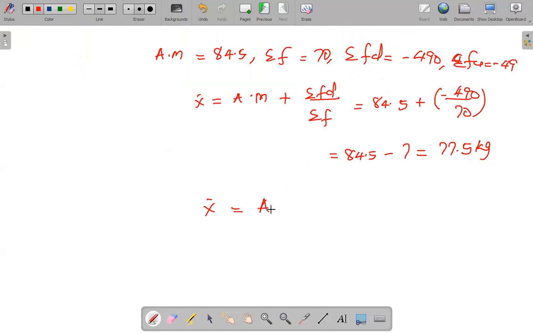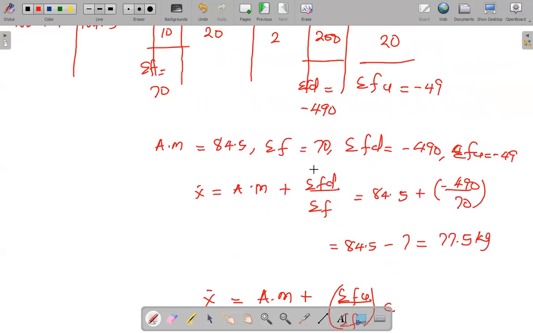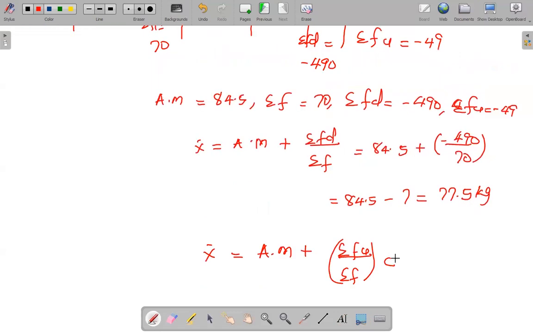Another way we can solve this is to use the class width and the coded factor. So assumed mean plus summation FU over summation F times the coded factor. So what we are doing in essence, we first of all used the assumed mean only, and want to use the coded factor now to see whether we'll get the same answer.